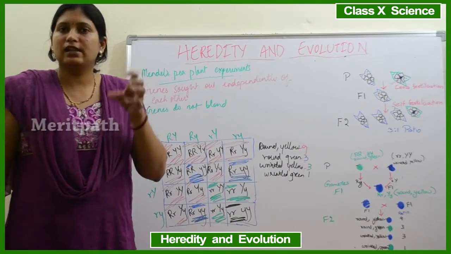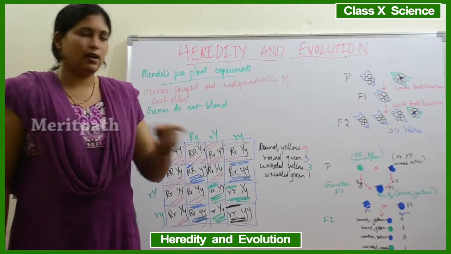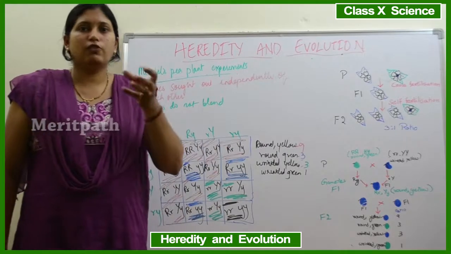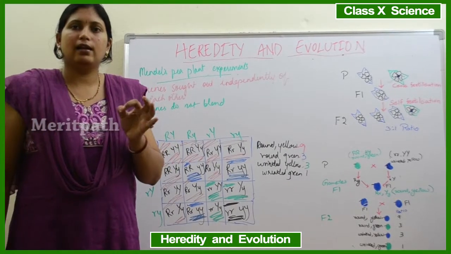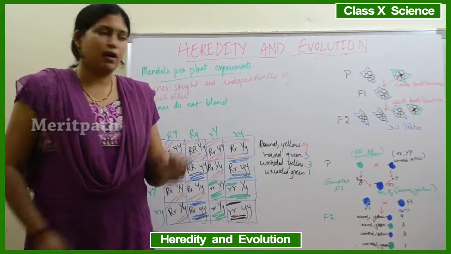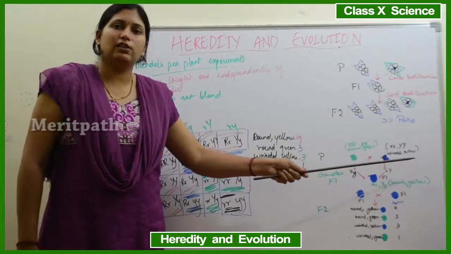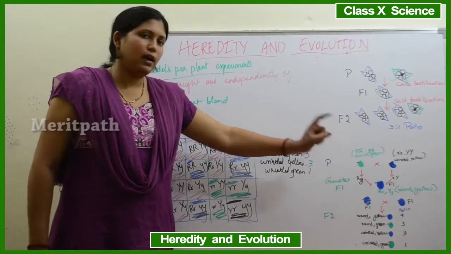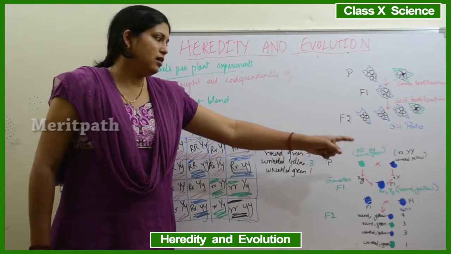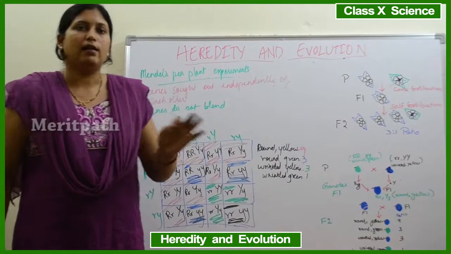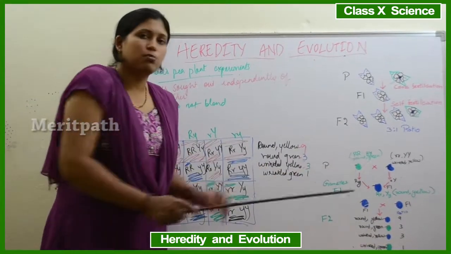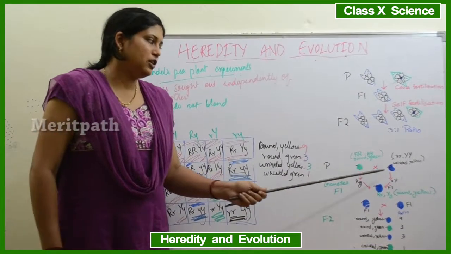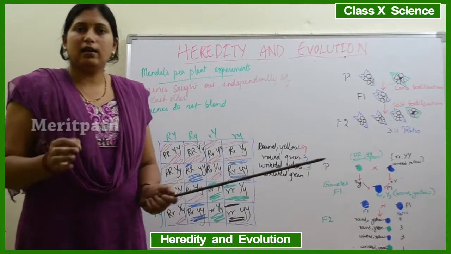The seed of the pea is usually green, right? So that was the parent generation. Round is indicated with capital R, and wrinkled is indicated with small r, and green is indicated with small y, and yellow is indicated with capital Y. So he took the parent generation round green and wrinkled yellow.